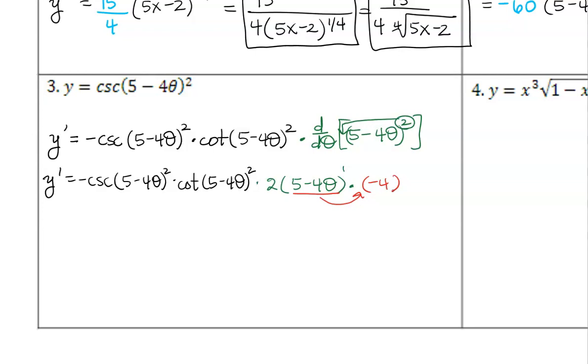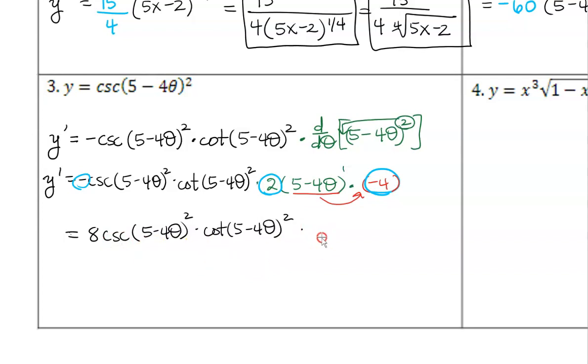And now we're going to clean up this derivative. We have some constants we can multiply and stick in front, like the 2 and the -4. Keep in mind that there is a negative already in the front, so we're going to end up with a positive 8. I'm going to bring down the cosecant of 5 minus 4 theta all squared, and the cotangent of 5 minus 4 theta, which is squared.